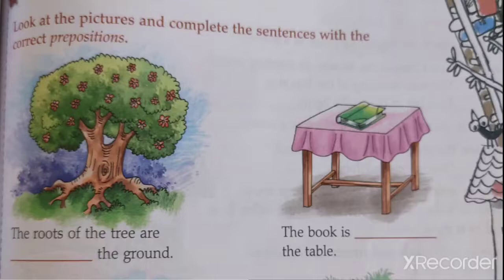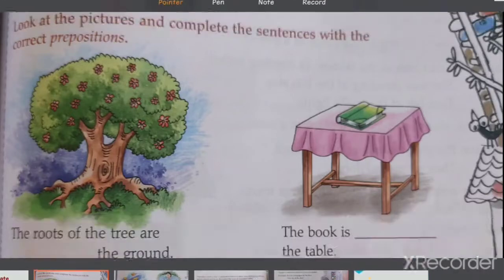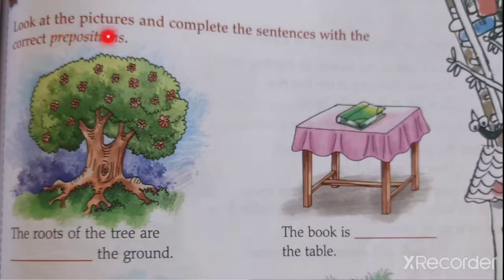Now first of all look at page number 73. Here 4 to 5 blanks are given to you. Look at the pictures and complete the sentences with the correct prepositions. Now students, just observe the picture. We'll not complete these blanks now. First, we'll try to understand the prepositions.